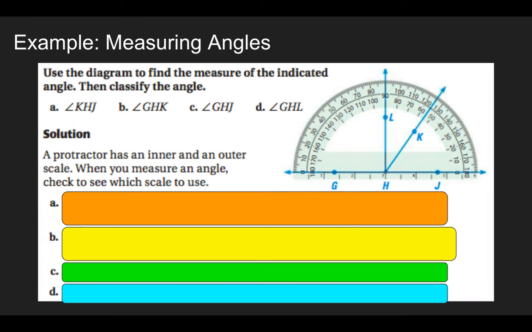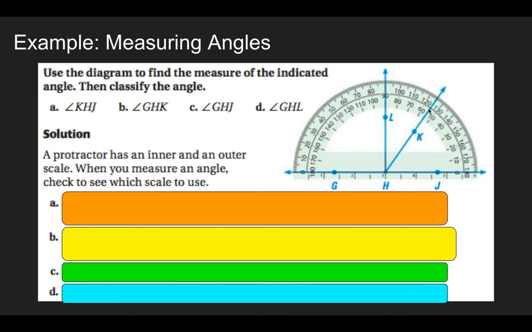So let's measure some angles. KHJ. If I look over here at KHJ, I see that HJ points at the 0 inside number. So I'm going to stick with my inside numbers and go up the protractor until I find where K meets the protractor.